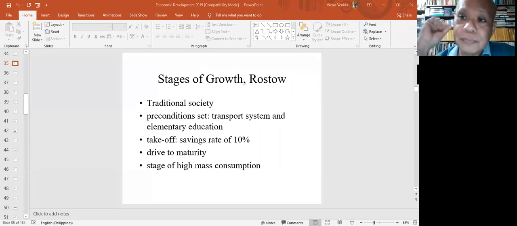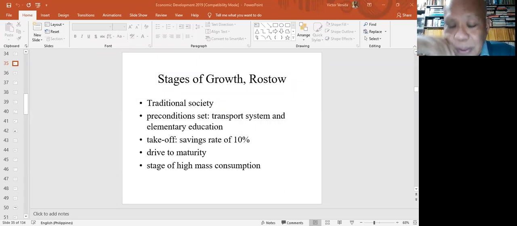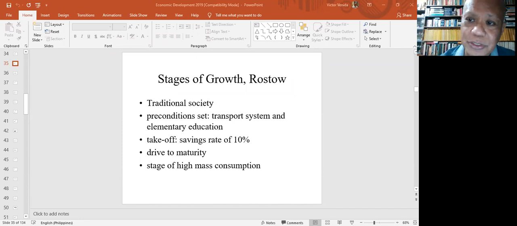Okay. In Rostow's presentation, the stages of growth are the following. There's the traditional society, of which there are two types. The old world society, which is based upon the history of Western Europe, and you have the New World Society that's based upon the history of North America.